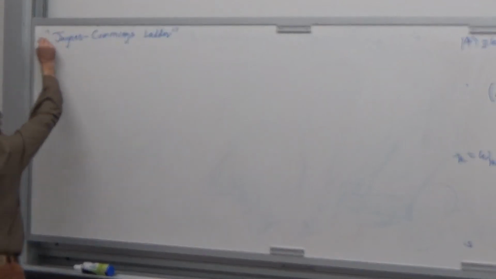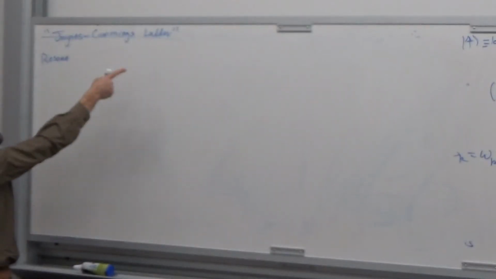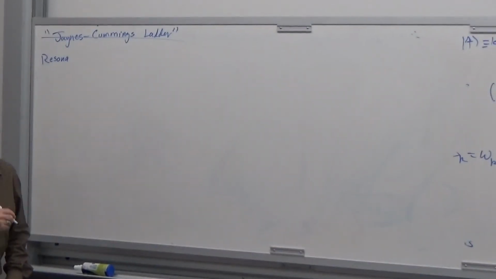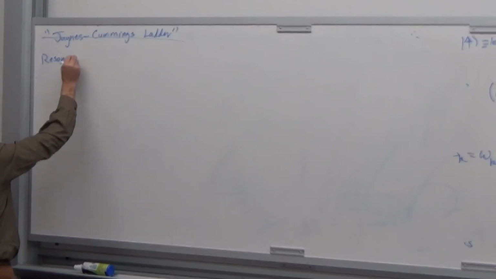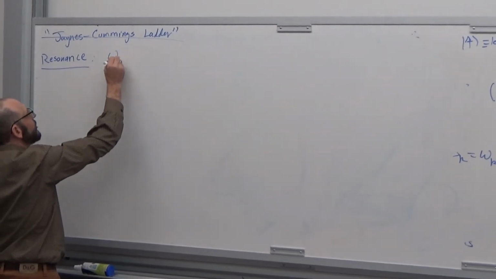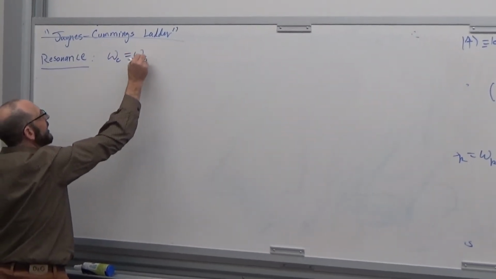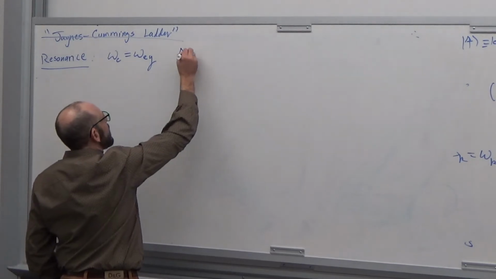Let's begin by taking the special case of resonance. Let's look at the special case of resonance, where we choose the cavity to be exactly at the resonance frequency of the atoms. Okay? So that delta is 0.